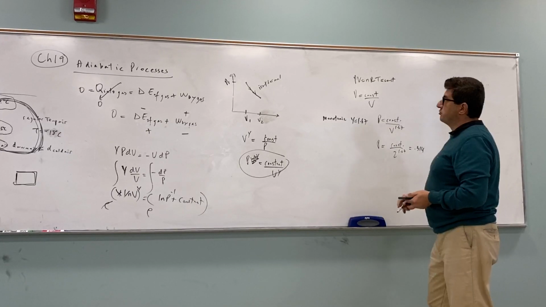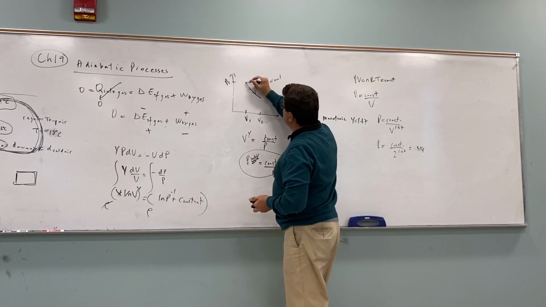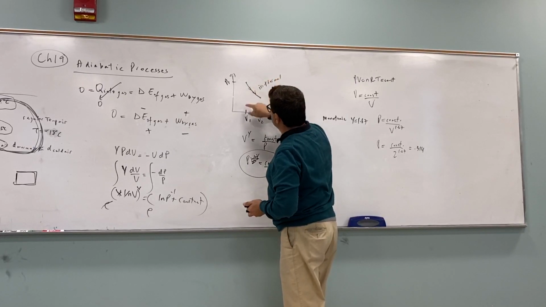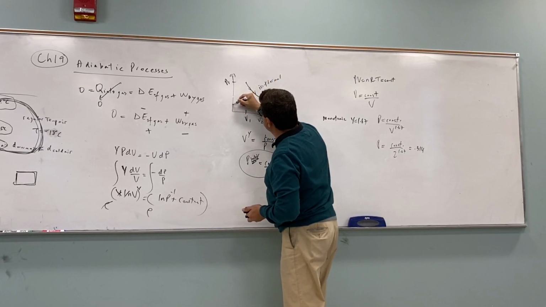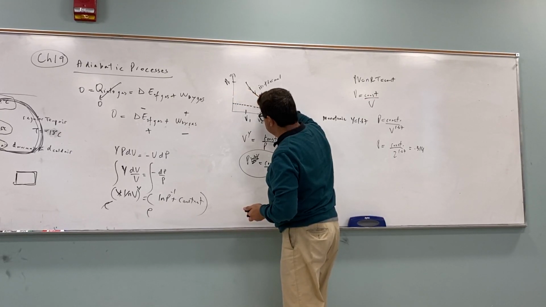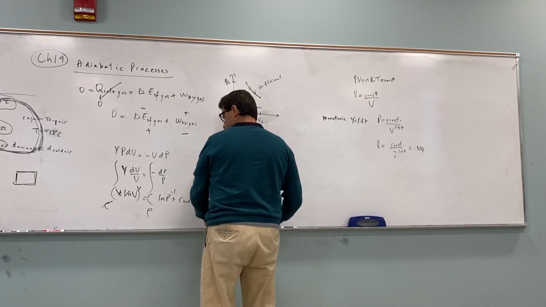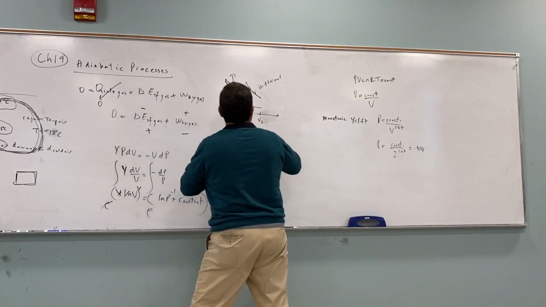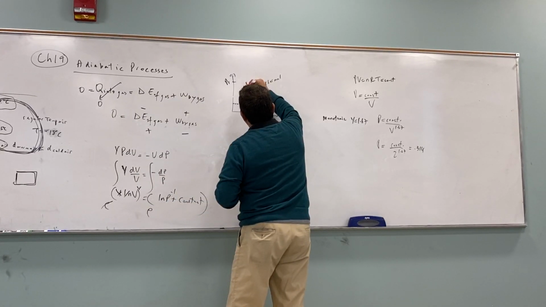Okay, so in other words, the pressure should drop to 30% of its value. So it's going to look more like here, kind of. So adiabatic would look like this.